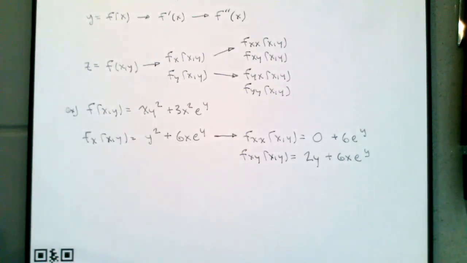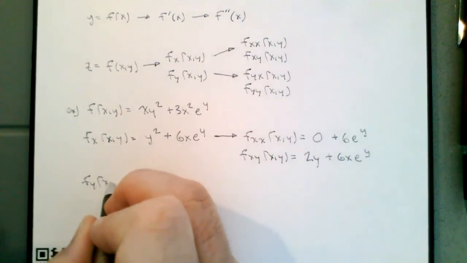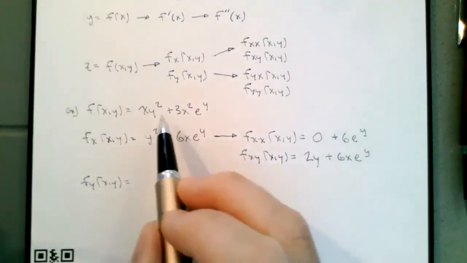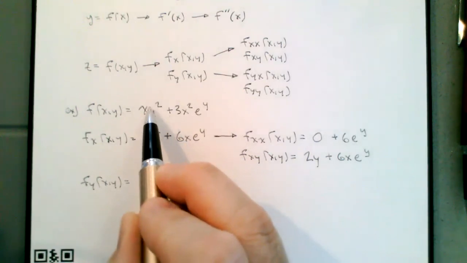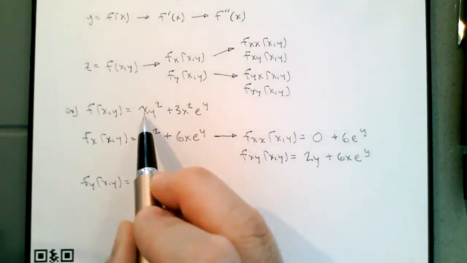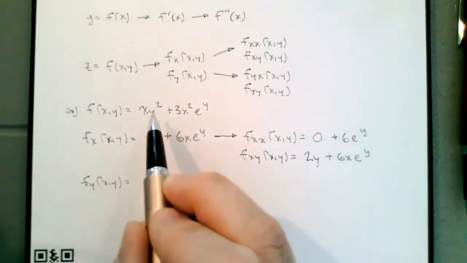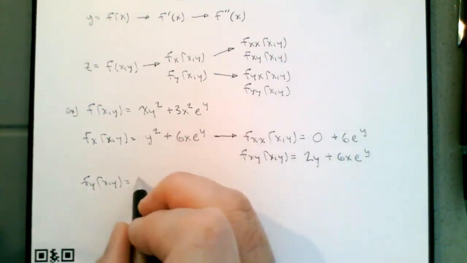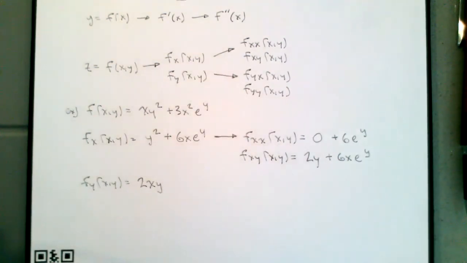We also need to go back and get the other first partial derivative, fy at xy. So now I'm looking at y as the variable. So I'm going to take the derivative of y squared, and x is a constant factor because we're taking the derivative with respect to y. The derivative of y squared is 2y. So x is a constant factor.